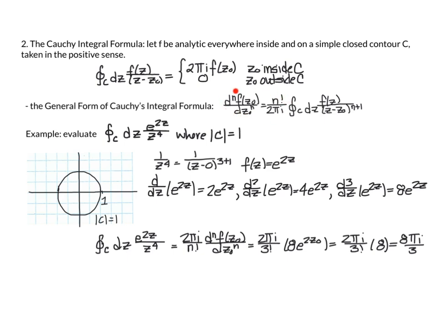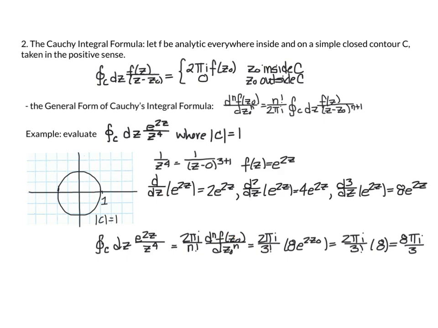So now, putting this on the left-hand side, that means our integral is equal to 2 pi i over n factorial, just moving this to the other side, times the nth derivative, in this case n is equal to 3, the third derivative of f evaluated at z naught. So 2 pi i over 3 factorial, this is n factorial, the nth derivative of f.